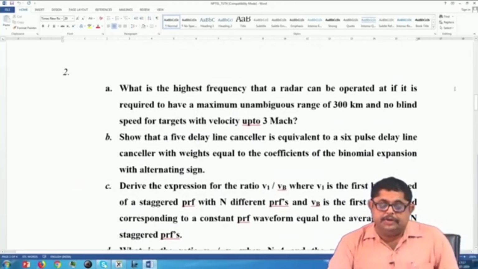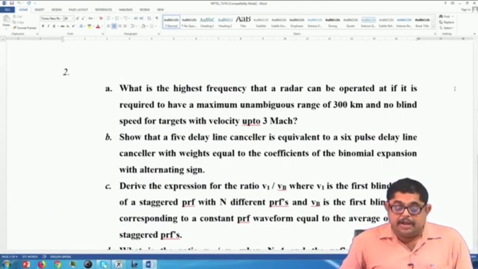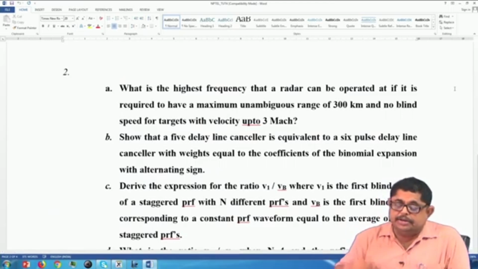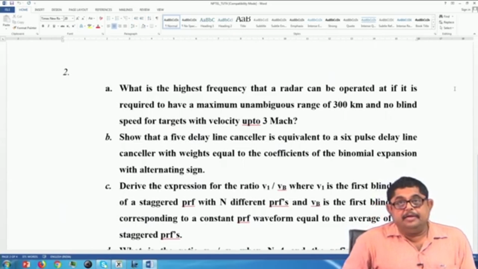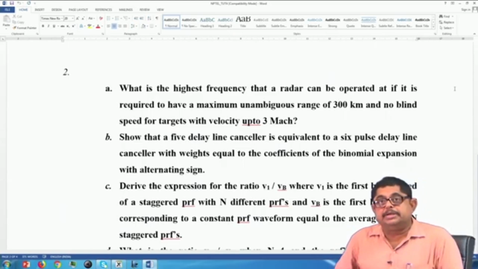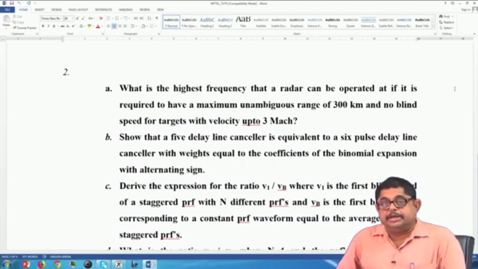What is the highest frequency that a radar can be operated at if it is required to have a maximum unambiguous range of so and so kilometers and no blind speed for targets with velocity up to 3 Mach? Mach, I think you know, 1 Mach means the speed of sound, that is 330 meters per second.